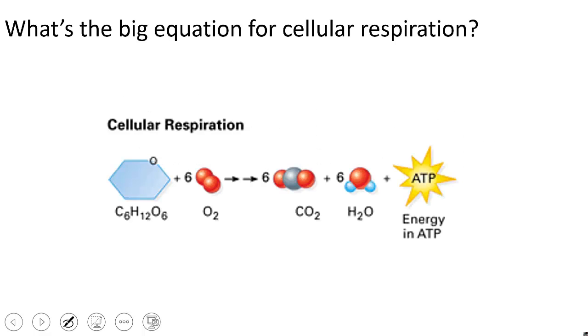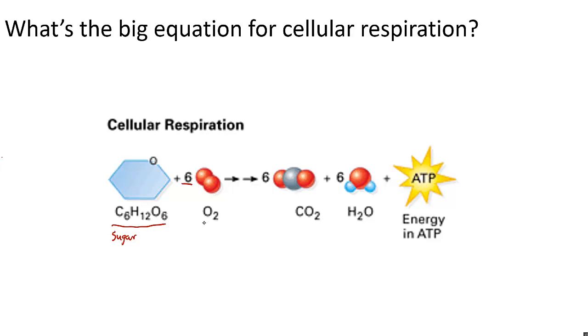So, cellular respiration. What's the big equation for cellular respiration? Well, we take C6H12O6, which is sugar, and 6 oxygens. See the 6 right there?